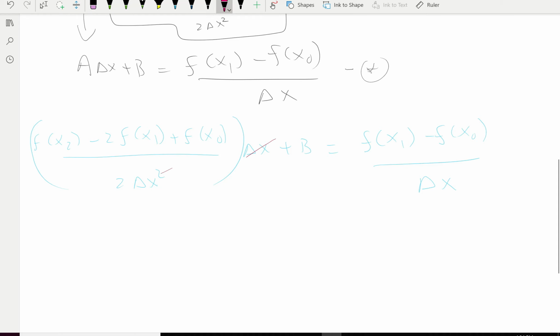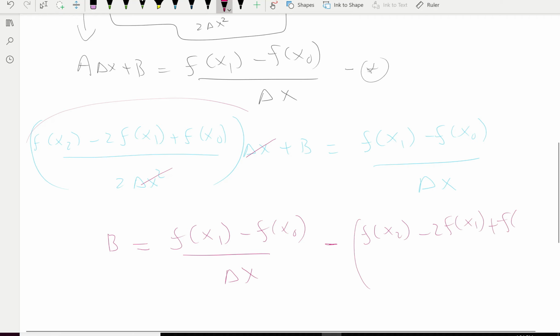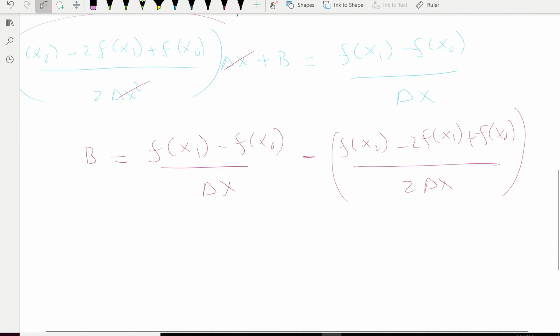Hopefully this will simplify and give me a nice simple formula. One Δx cancels out, so it's going to be b equal to f(x1) minus f(x0) divided by Δx, minus, so I'm going to bring this whole thing to the right hand side, f(x2) minus 2f(x1) plus f(x0) divided by 2Δx. So that's what I have. Let's see, the common denominator should be 2Δx, so multiply everything by 2.